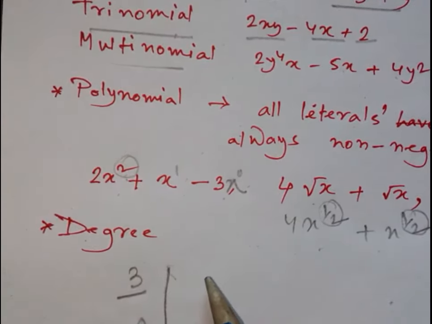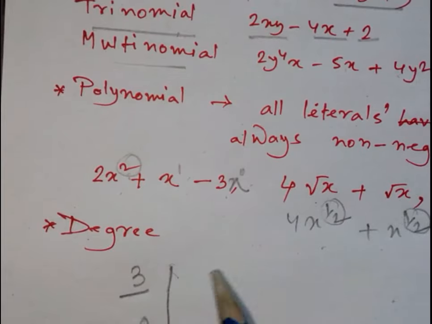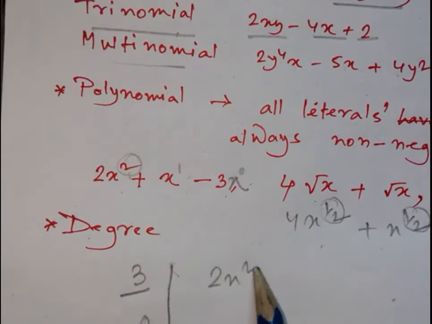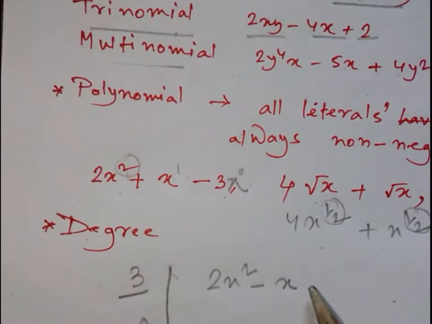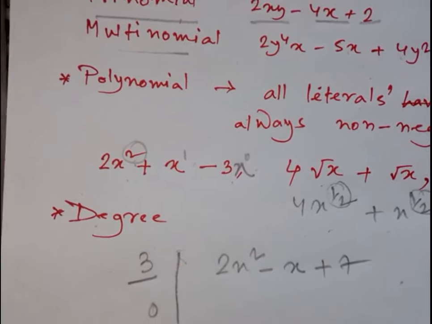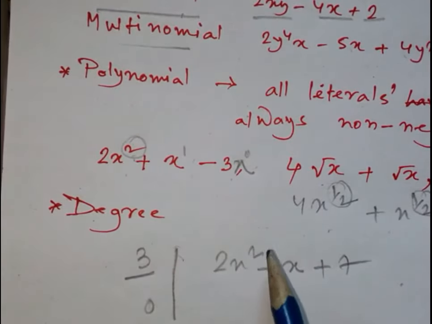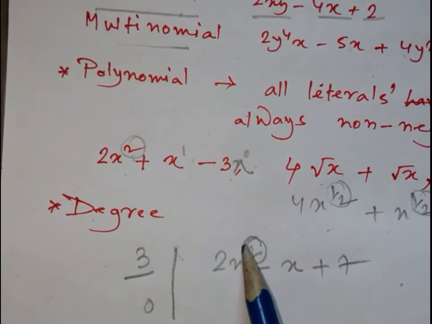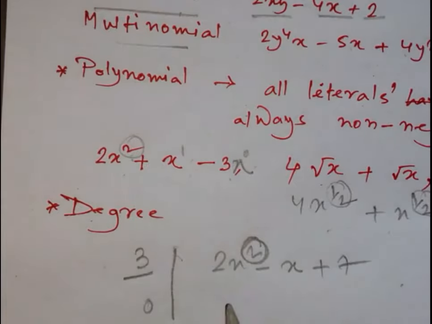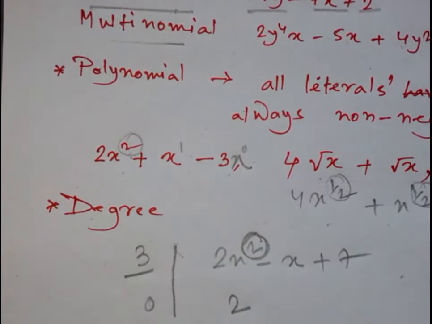Another, if the expression has a variable like 2x squared minus x plus 7, it is an expression of one variable, so the degree will be the highest power of that literal, it means 2, so the degree of that polynomial is 2.